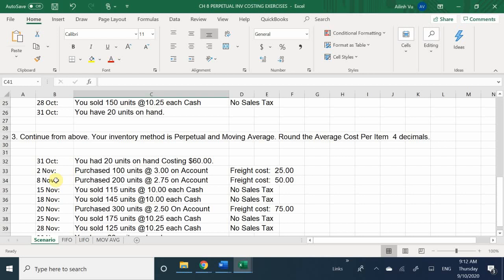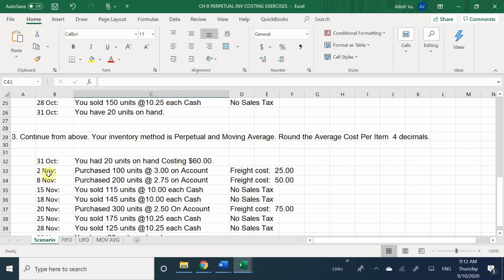Or round the average cost to 4 decimal points. I guess this one is now telling us what to do. When we do our average cost per item, we need to round to 4 decimal places. So we're going to start rounding at 4 decimal points.